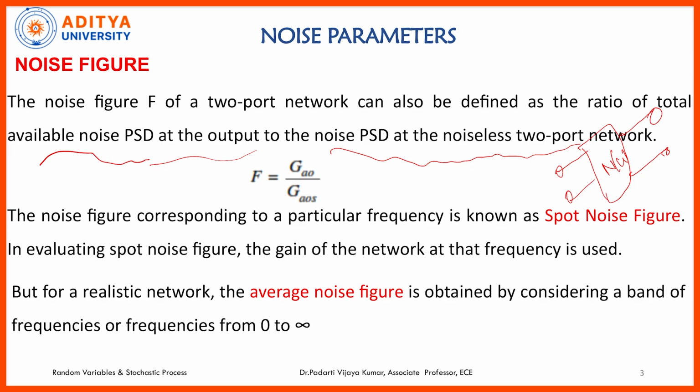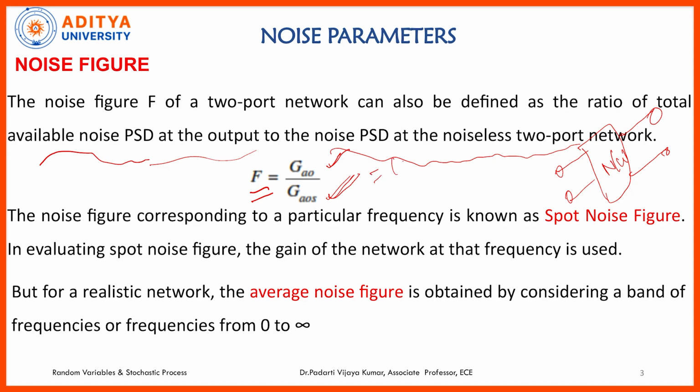When a network doesn't have any noise, that is the noise output power spectral density when a noiseless network is considered. So, the numerator indicates whenever there is noise, that is the noise power spectral density, and the denominator is whenever there is no noise, the noise power spectral density. The ratio of noise power spectral density at the output to the noise power spectral density at the noiseless two-port network is nothing but noise figure.